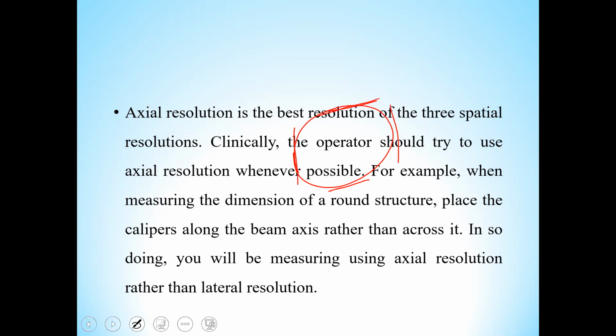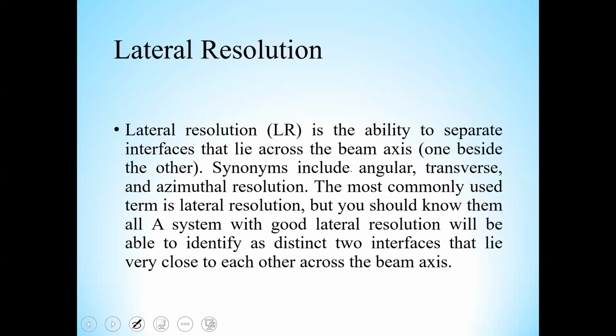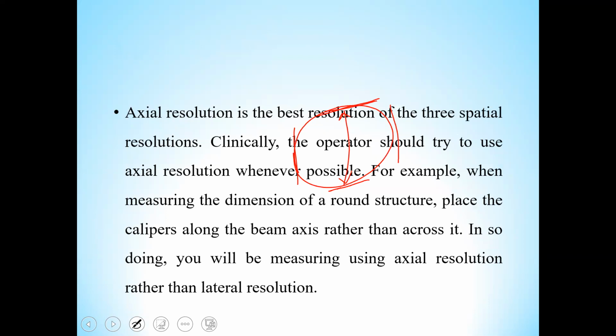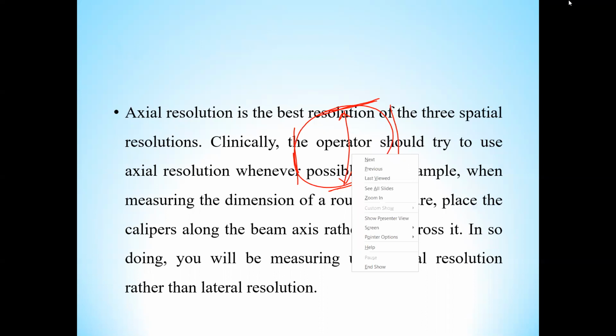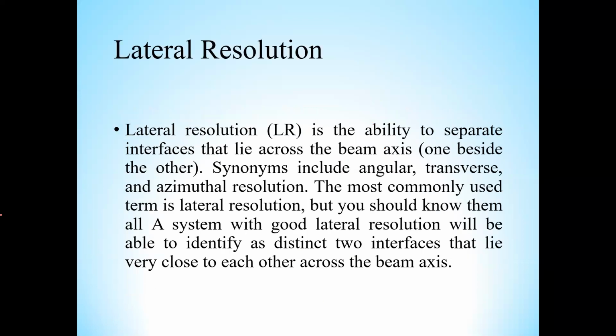So prefer this measurement instead of the lateral measurement, because axial resolution is better than lateral resolution. And you know that the axial resolution in soft tissue is typically 0.5 mm, but the lateral resolution is not that good.